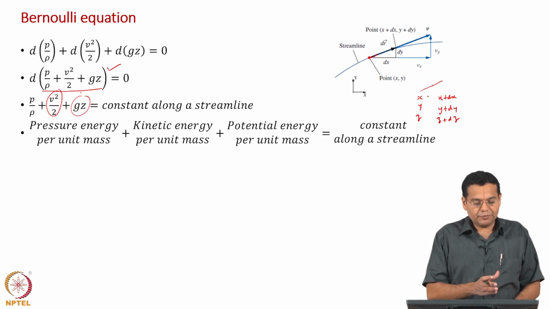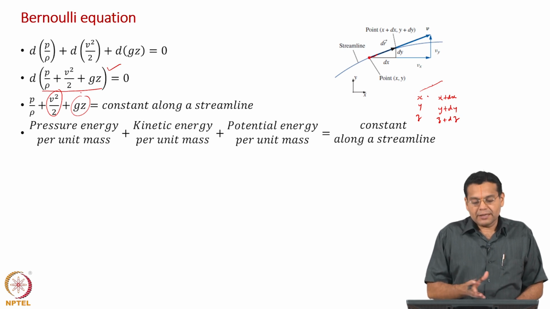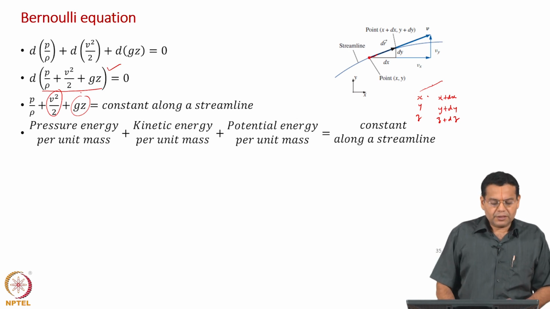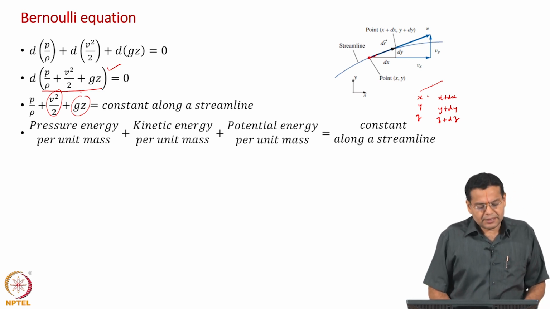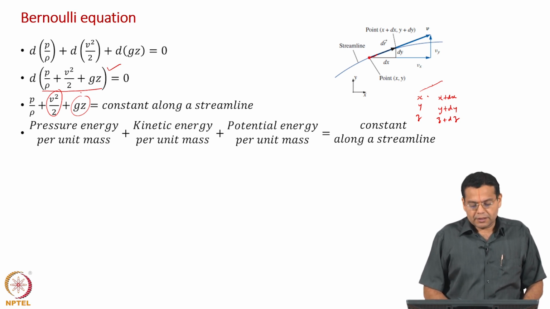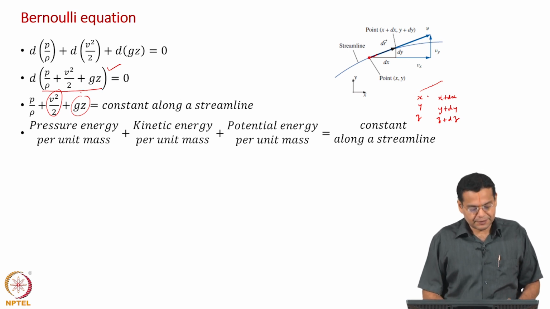So, that is why Bernoulli's equation is a mechanical energy balance. Sometimes this equation is divided by g and written as the pressure head, the velocity head and then the potential head. That is also done.